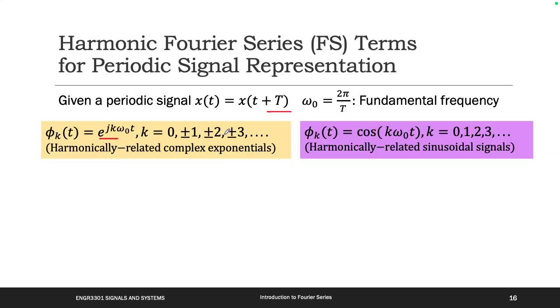And then these are the harmonically related sinusoidal signals. This is just a definition. What are harmonically related complex exponentials? What are harmonically related sinusoidal signals? Do you know why we call it harmonically related? What does harmonic mean?